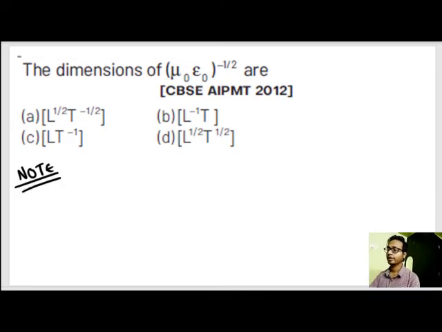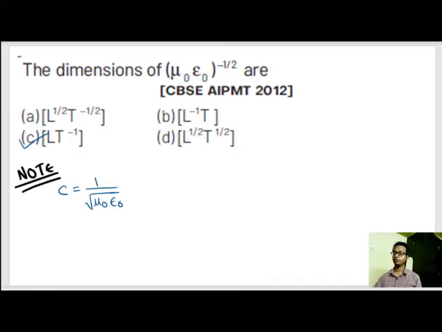Speed of light is given by 1 by root over mu naught into epsilon naught. So this is nothing but the dimension of meter per second, or option number C. This one will be taught in magnetic effect of current and magnetism.